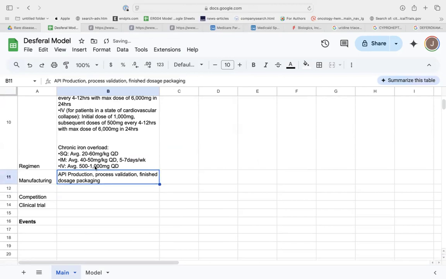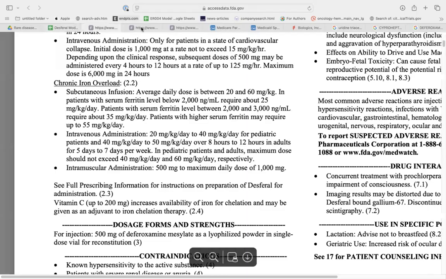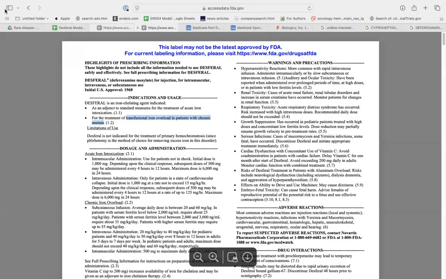I would just put this process here for now, and if we find any information later, we'll fill it in. So competition: generics. Yeah, we can list out the specific generics too.